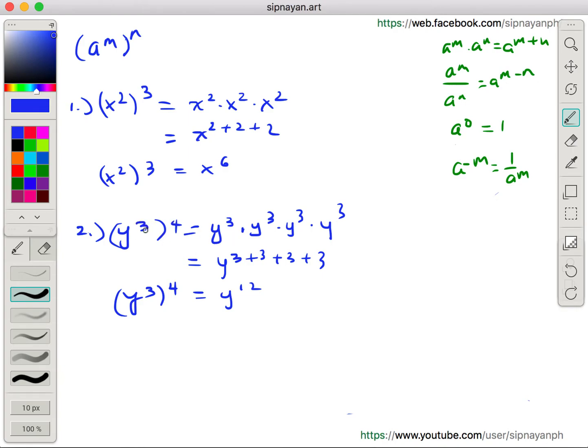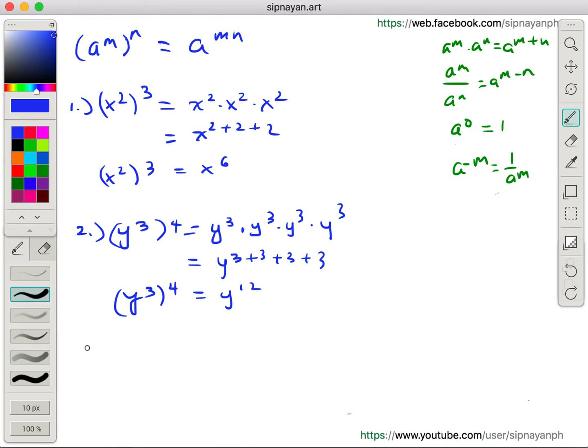Yung 3, you add 3 4 times. Apat na tigtatatlo, you're actually multiplying 4 and 3. So, ibig sabihin, a raised to m, quantity raised to n is equal to a raised to mn. So, minimultiply natin ang exponent. If I have an expression with an exponent, and we raise it to another exponent, then we just have to multiply the exponents.